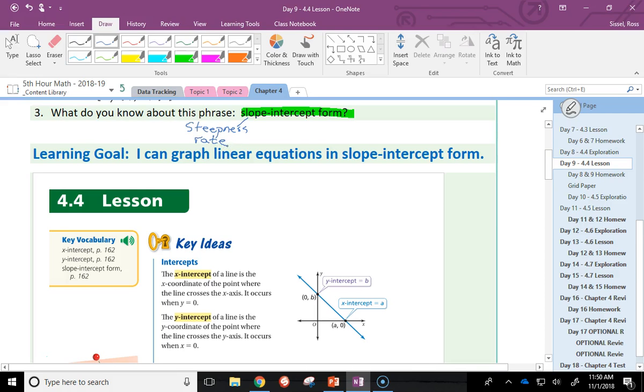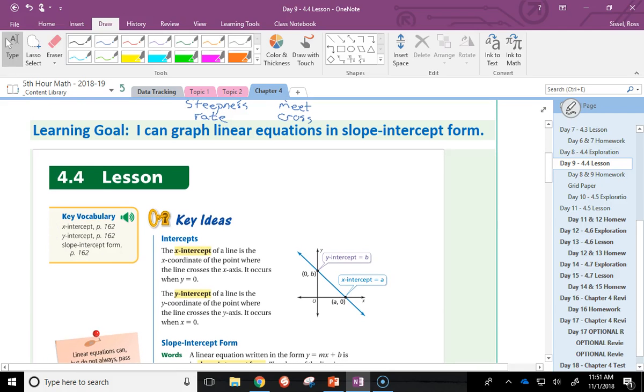Good. What's intercept mean? Where they're meeting or they cross. So meet, cross, intersect. And then form, that means it's going to be the equation. So we're going to learn to write an equation that tells us about the steepness and where the line will cross one of the axis points.